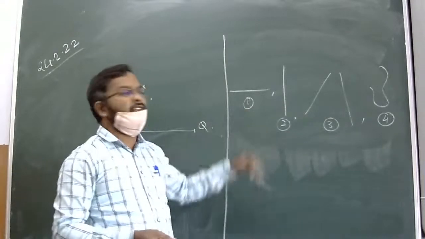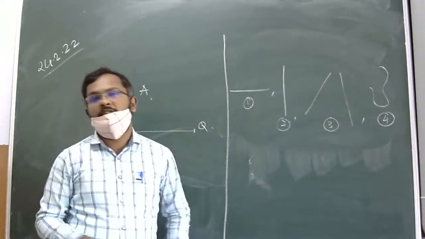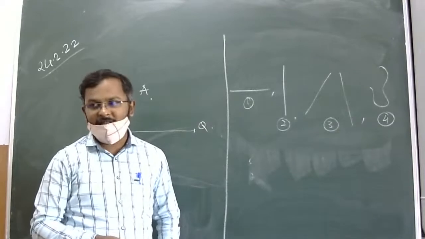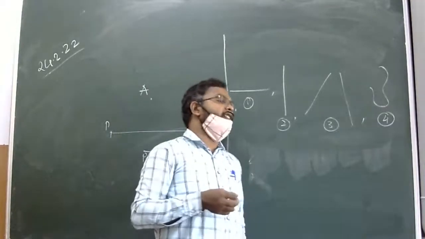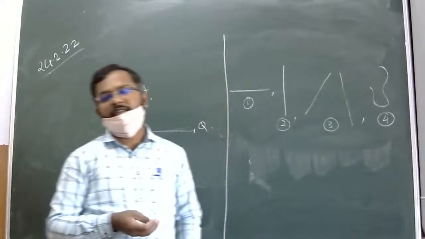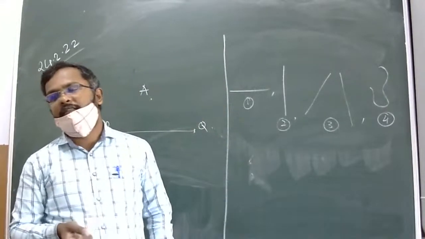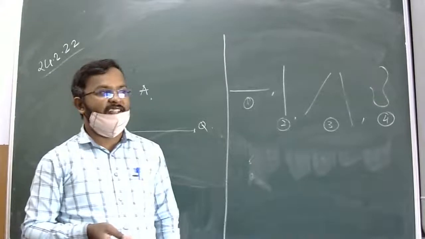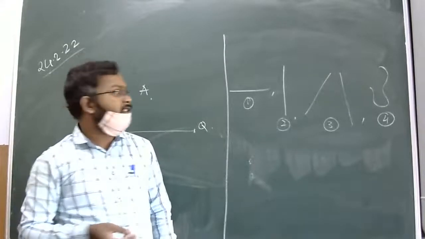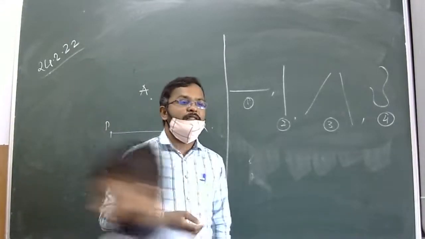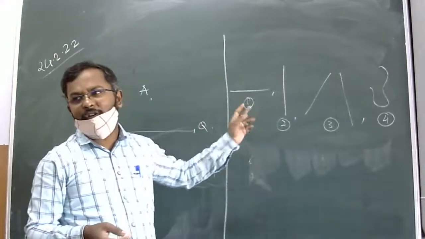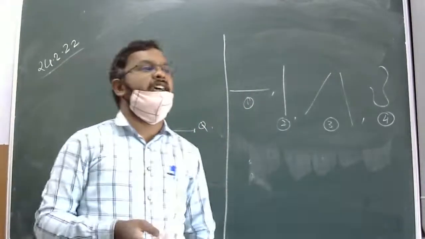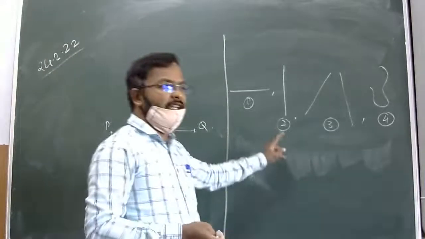What about number 1? Standing line. Sleeping line. Right. What is the other name for the sleeping line? This is sleeping, but what is the other name of that line? This is the vertical line.